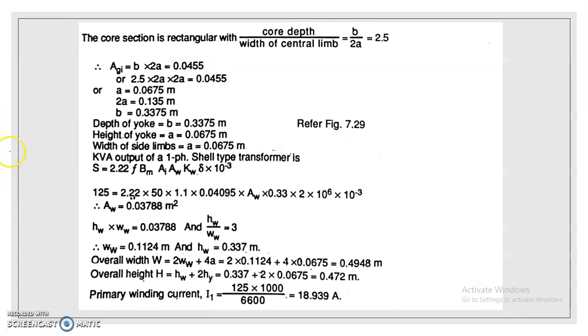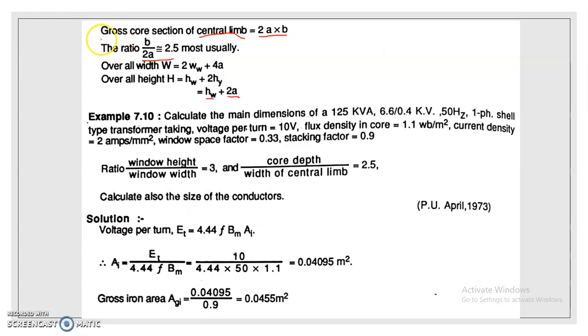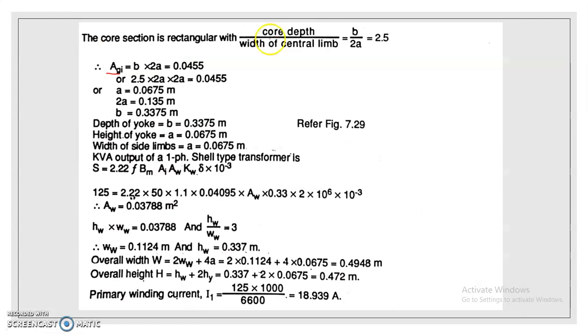Now you can observe here AGI, the gross area of the core, and we saw the relation: gross core section area AGI equals 2 times A into B. We know the value of AGI, and we know the relation B upon 2 times A equals 2.5.